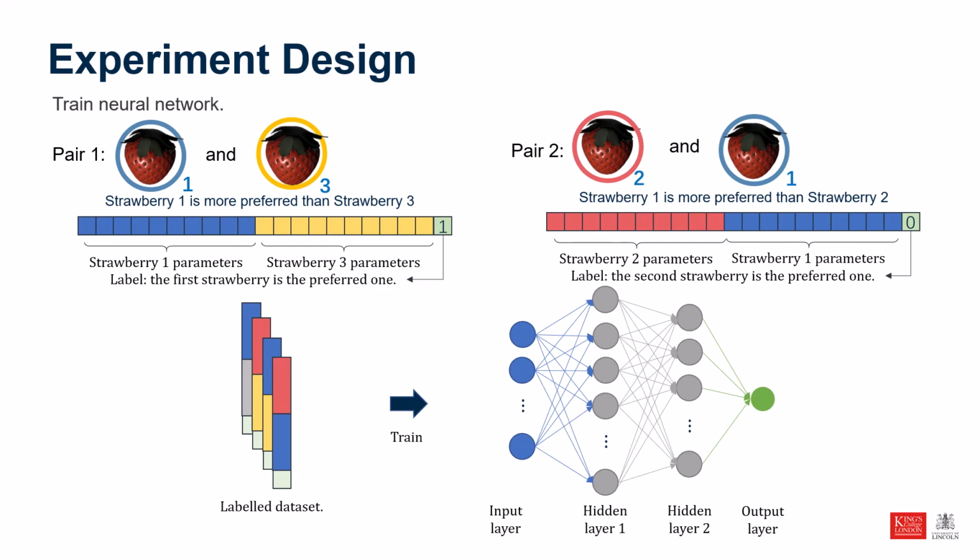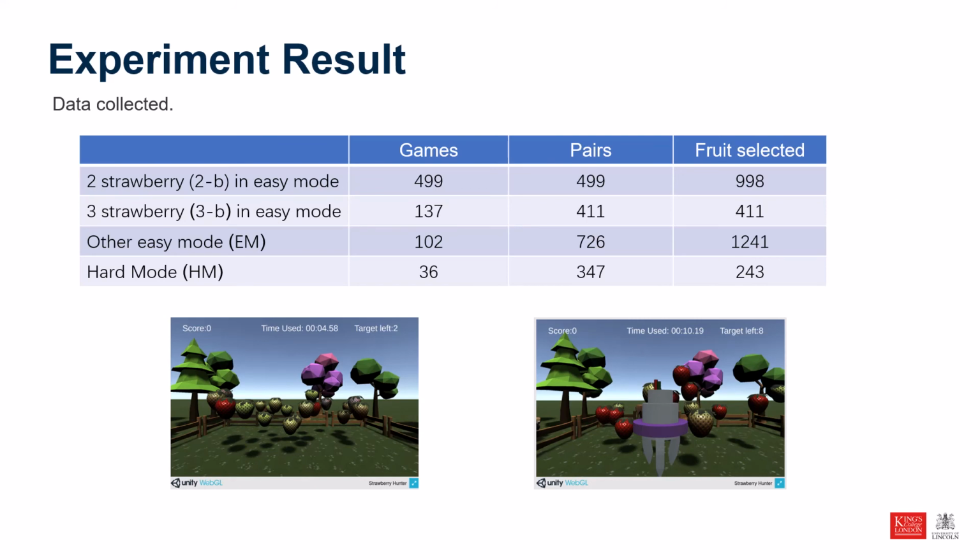If the output is 0, then the second strawberry should be collected before the first strawberry. Applying this to all the red strawberries in a map, there will be a possible sequence for harvesting all of them.